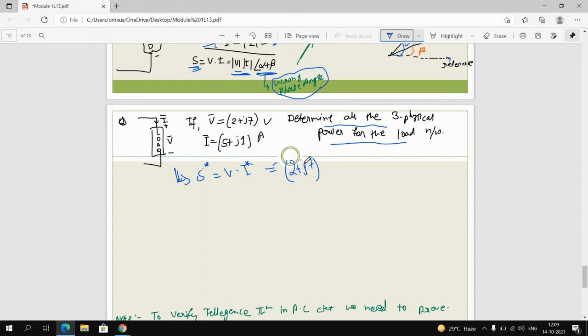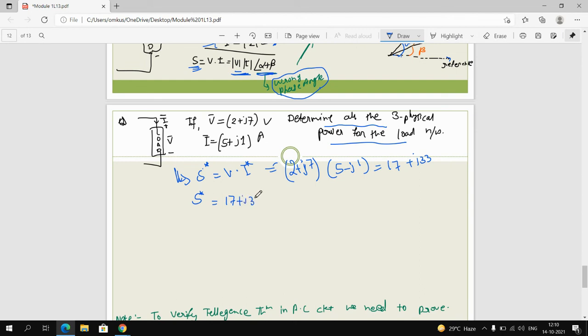But when I use the conjugate of I, you need to take 5 minus J1. Okay, I am using the conjugate value here. So when you solve it, you will get 17 plus J33. Okay, so this real part, what does this real part represent?